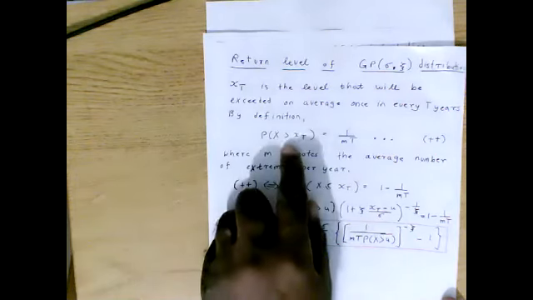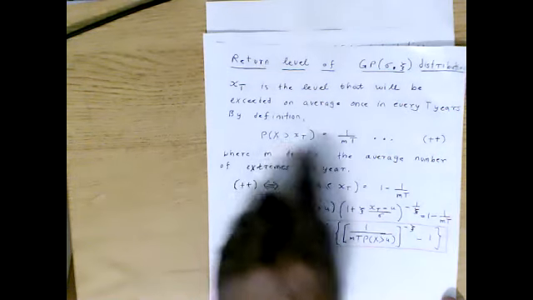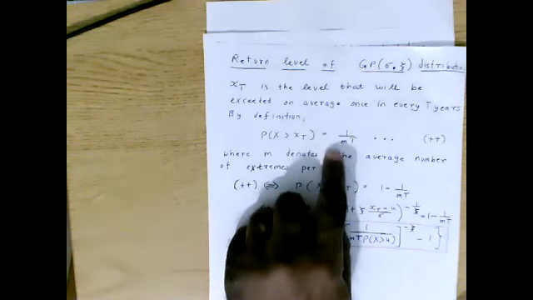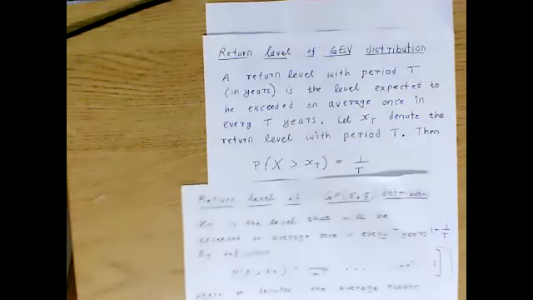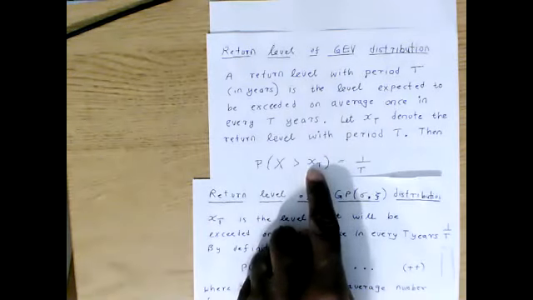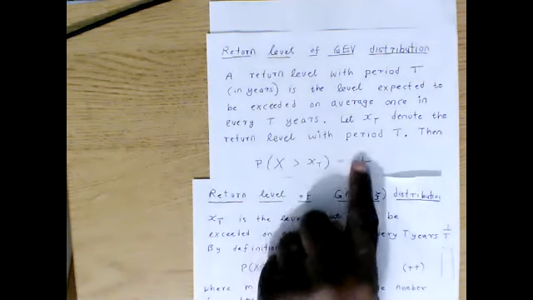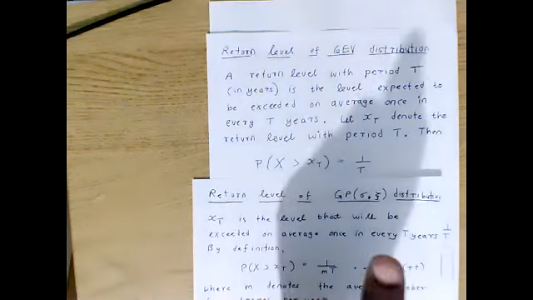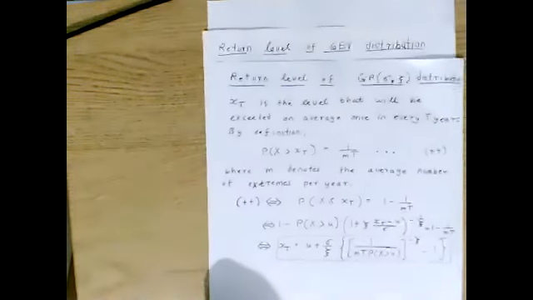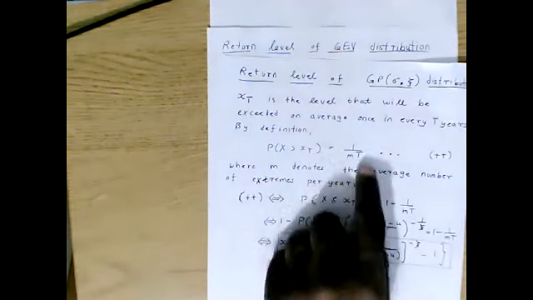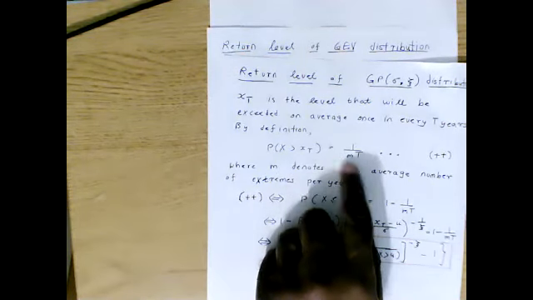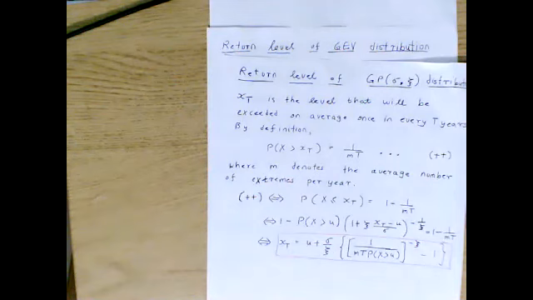So the return level for GP must satisfy this equation, and this is different from this one. Here this is equal to 1 over T because you only have one extreme value every year. But here there are m extreme values every year, right? So it will be 1 divided by m times T.